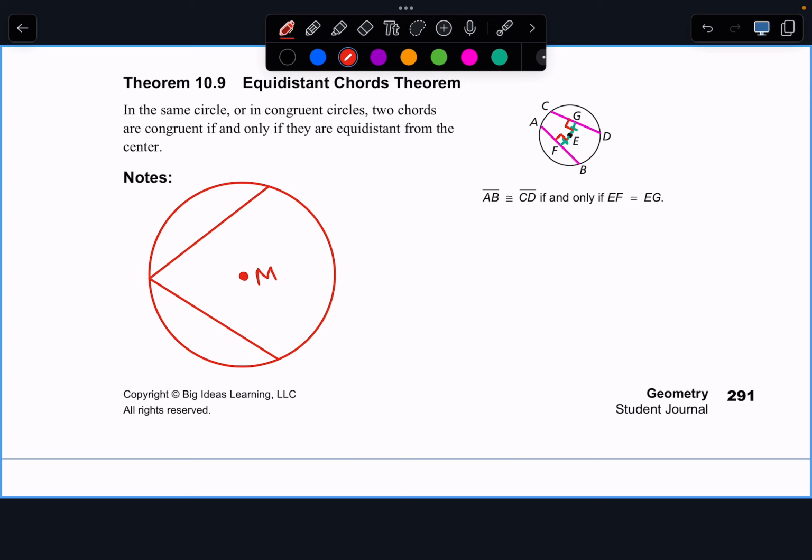Draw this picture. It's our last picture to be drawn. I want to draw another circle.